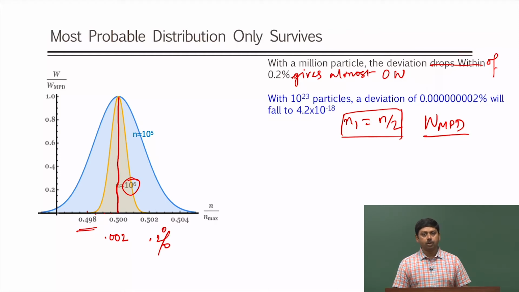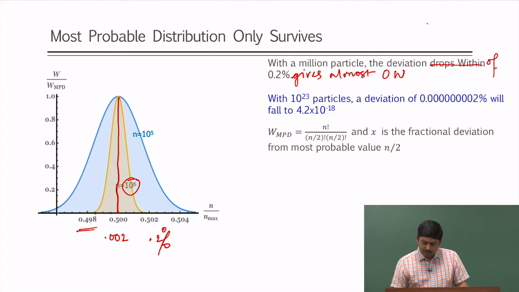Also I have shown with the derivation that for 2 level systems it is exactly the same when n is large: the total number of all possible distributions, which is 2 to the power n, is the same as n c n by 2 when n is very very large. That is just a pictorial representation and actual calculation also shows you the same thing. It gives you an understanding of how little the deviation will be from the MPD when a large number of particles are involved.